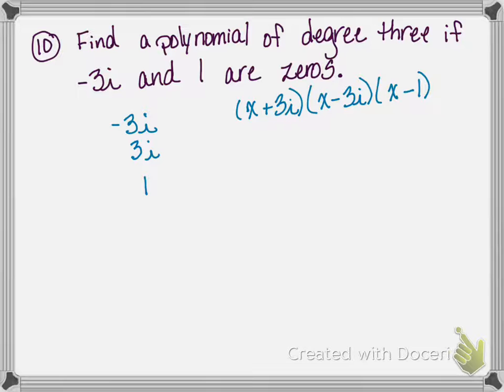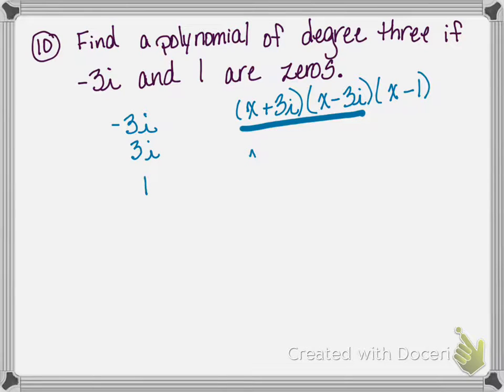Now, anytime I'm doing this, I'm always going to multiply these two together first. They are conjugates, which means those middle terms are going to cancel out. You don't want to multiply x minus 3i times x minus 1. You get a whole bunch of stuff, and it's icky, and then you got to multiply it times x plus 3i. So you always want to multiply the conjugates together first.